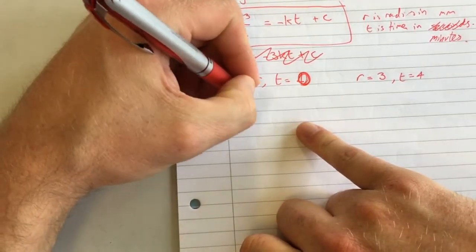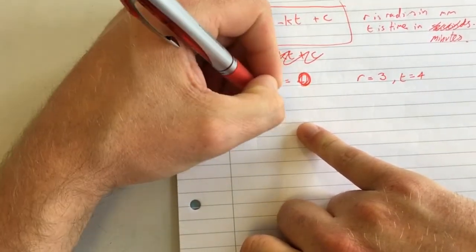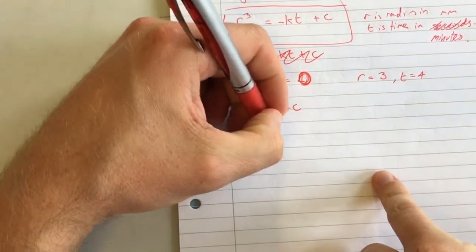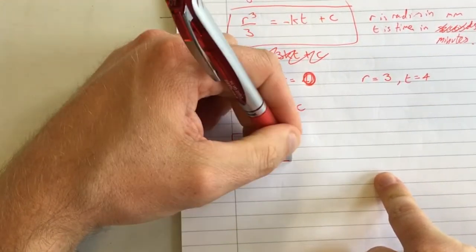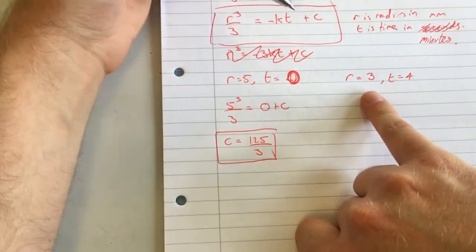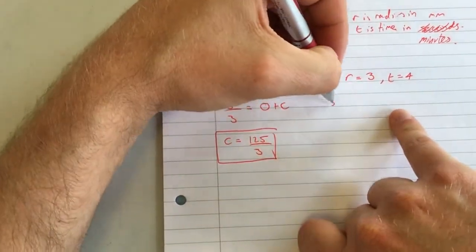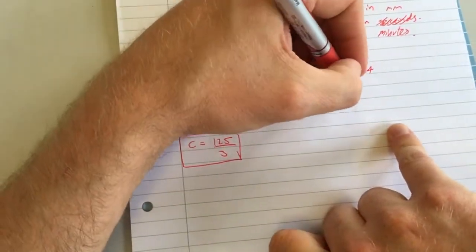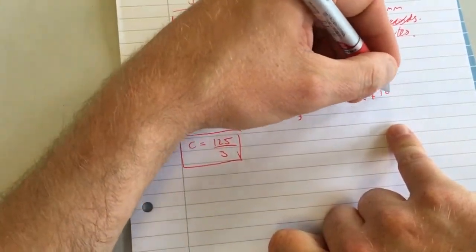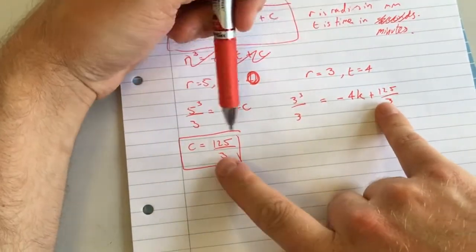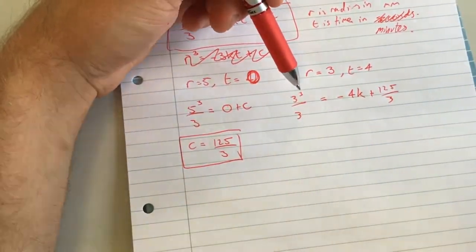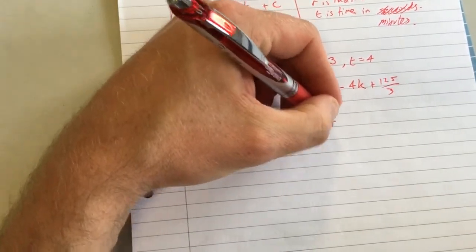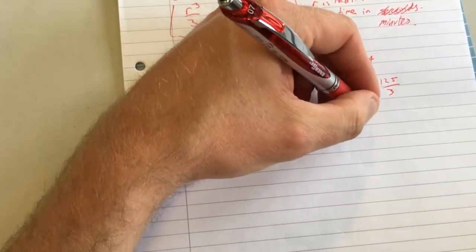So we're going to get 5 cubed over 3 equals 0 plus c. So therefore c is going to be 125 over 3. And put this in as well, so r is 3, so 3 cubed over 3 equals minus 4k plus 125 over 3. So that's my c that I just worked out. So 3 cubed over 3 is just going to be 3 squared, which is 9, equals minus 4k plus 125 over 3.